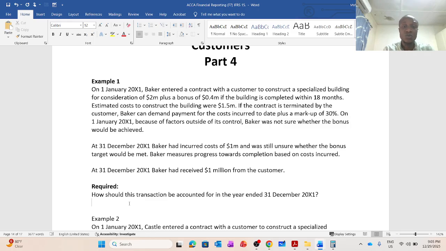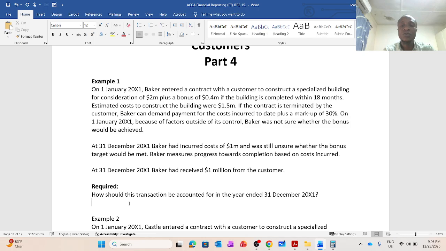This is the cost to date, and it was still unsure whether the bonus target would be met as at the end of the financial period. There is still uncertainty as to whether we are going to achieve the bonus target. So automatically it means we should not include the 0.4 million as part of the calculation of our revenue recognition.